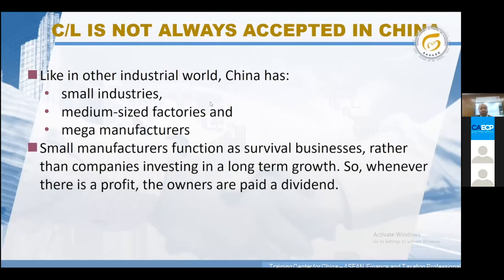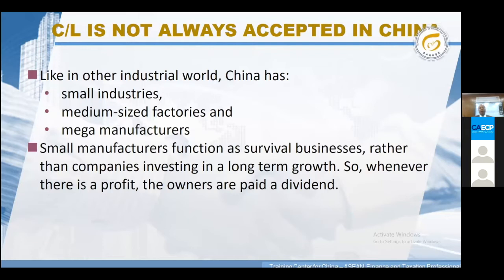In China, we have three types: small industries, medium-sized factories, and mega manufacturers, just like in the world. And that's also answering the question we were having before: what is the best deal that you might have, for example? If you want a lower price, you go to small manufacturers.